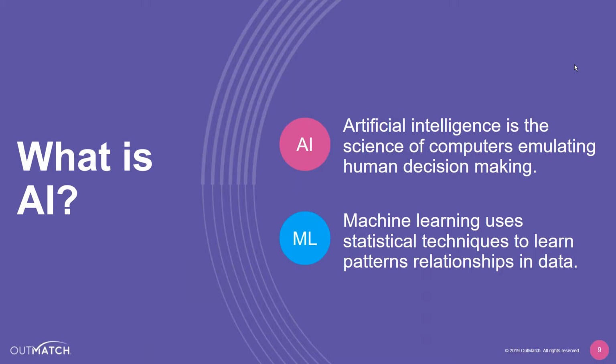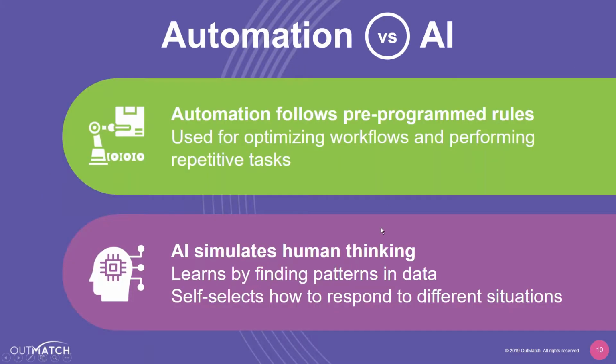So automation follows pre-programmed rules. You typically see automation being used for optimizing workflows and helping to perform repetitive tasks. So if we think for an example about the way probably many of your ATSs work, when a candidate comes into the ATS, you might automatically send that candidate an email.